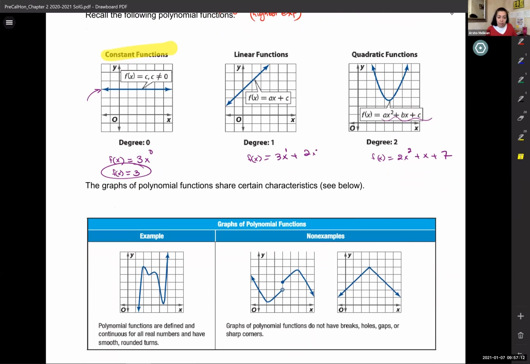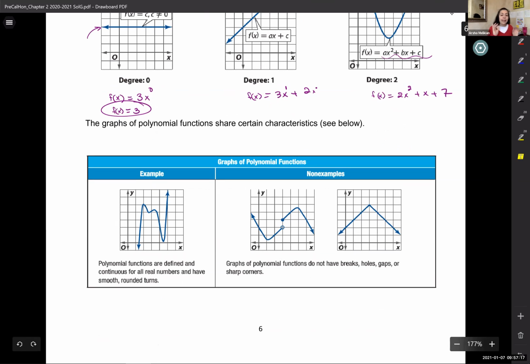What do graphs of polynomial functions look like? Graphs of polynomial functions are nice and smooth curves. Okay, if a polynomial function was a roller coaster and you were riding on it, you would have a nice smooth curve, right? Basically, you could just follow the whole graph without lifting your finger or your pencil. So that's a good example of a polynomial function, right?